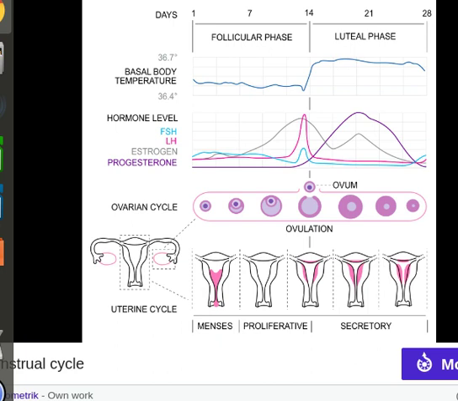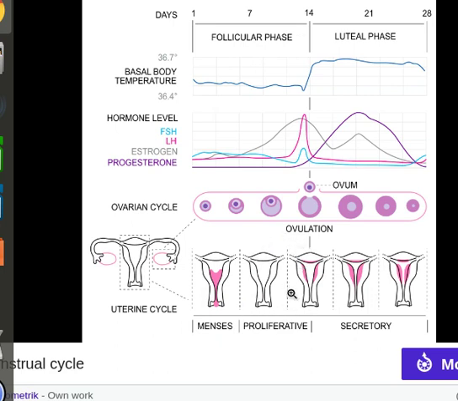Okay, now let's see. If we divide these phases again, what do we have on day 1 until day 5? What do you think? What's this here? Yes, menstruation. Now, after day 5 until day 12, around there, what happens?